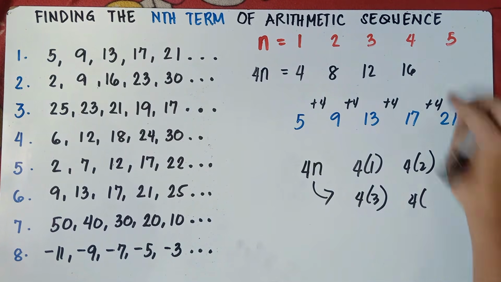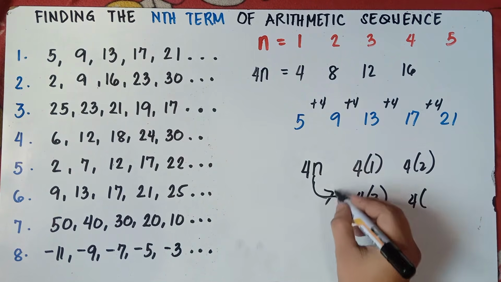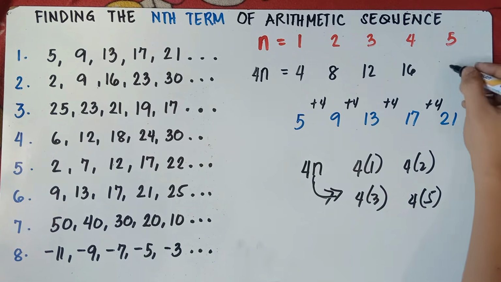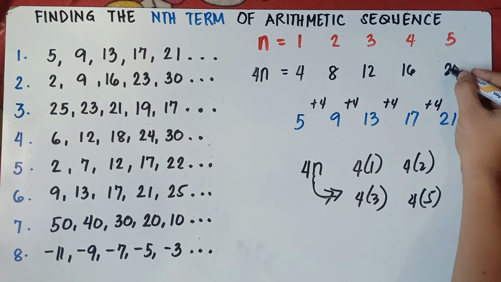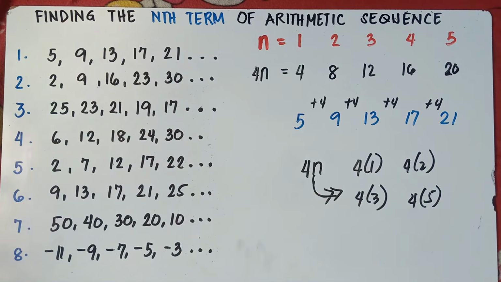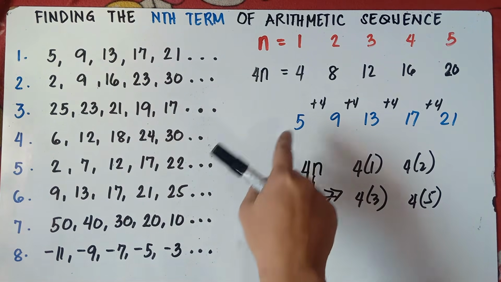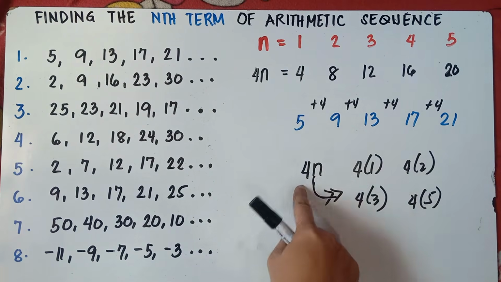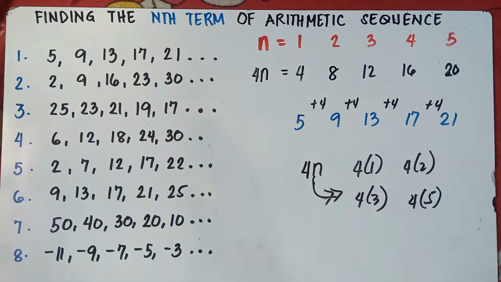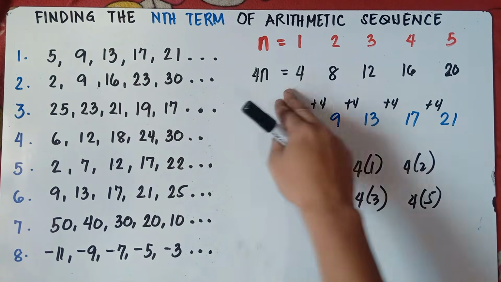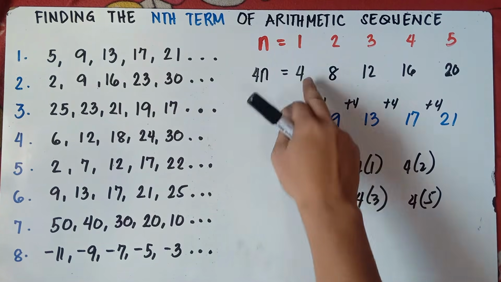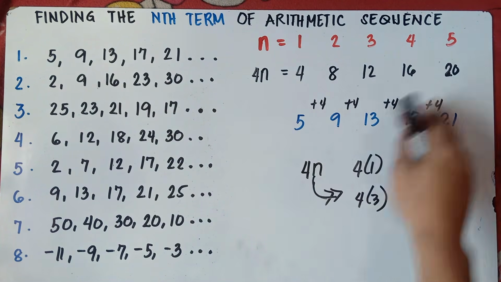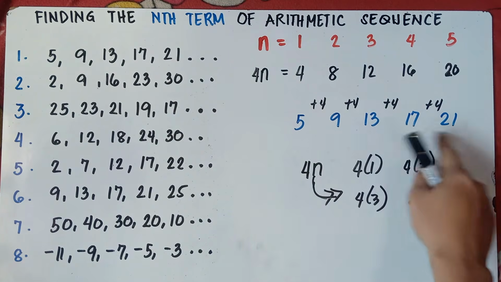And if n is 5, 4 times 5 will be 20. Now check, class: if our equation is just 4n, we get 4, 8, 12, 16, 20, and the given sequence is 5, 9, 13, 17, 21.